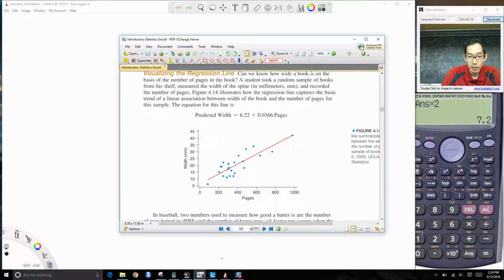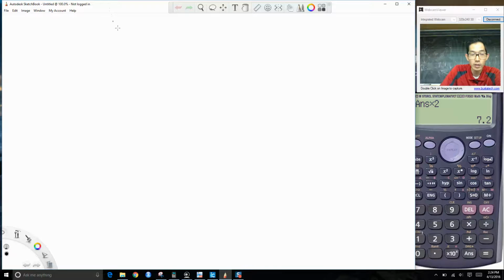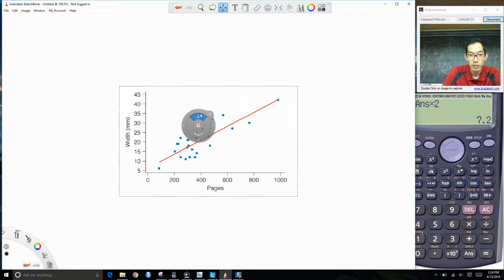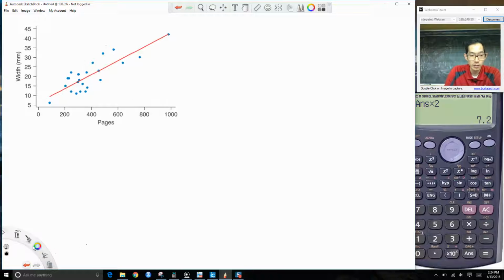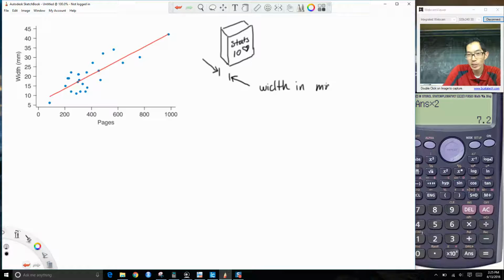Here is data on a book, a Stats 10 book. We're going to measure its width in millimeters, and you also flip through the pages of the book and look at how many pages are in the book.